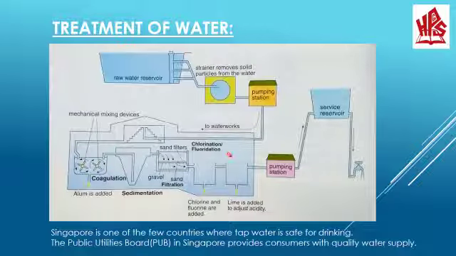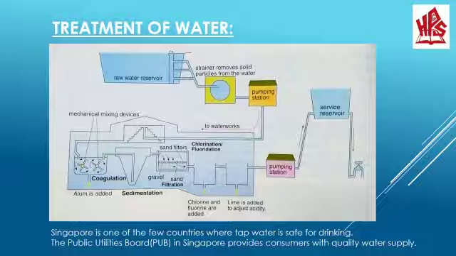After fluoridation and addition of lime, the end product is potable water, which is then channeled into another pumping station, which is pumped away for storage in the service reservoirs. Potable water is stored here before it is distributed to the taps. Here is an interesting fact: Singapore is one of the few countries where tap water is safe for drinking.